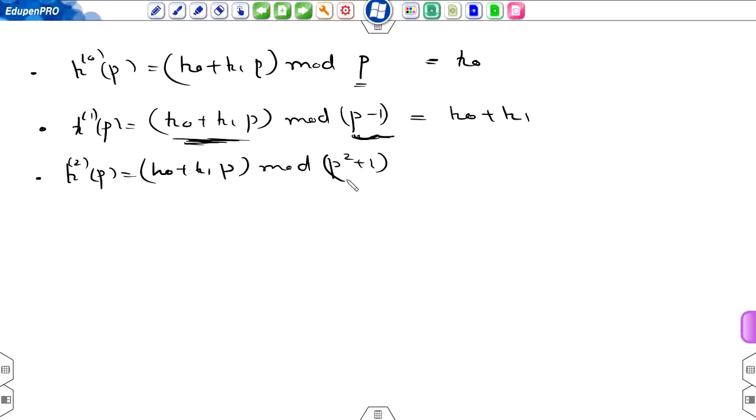Okay, so at this point you can see that the degree of the modulus is greater than this h0 plus h1p, so the remainder will be h0 plus h1p itself.